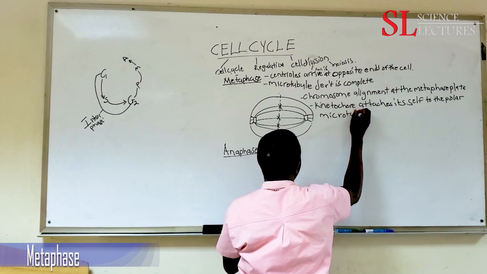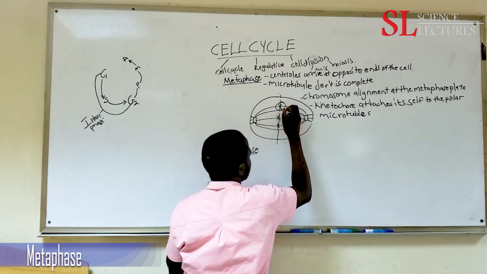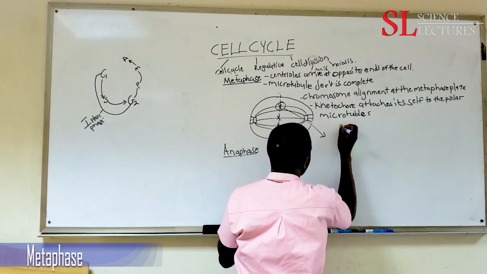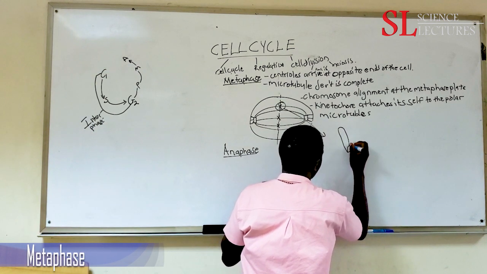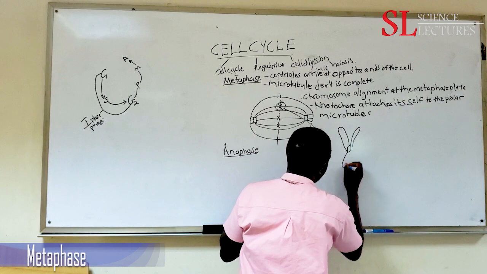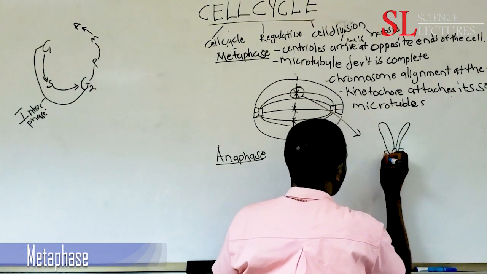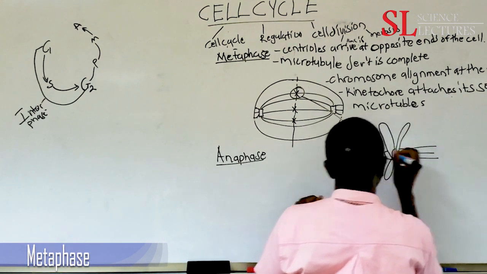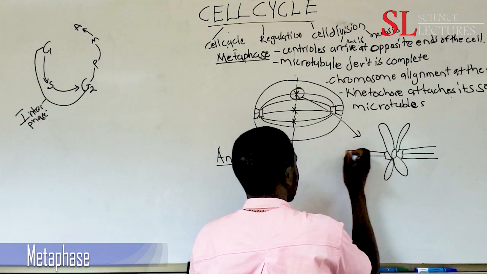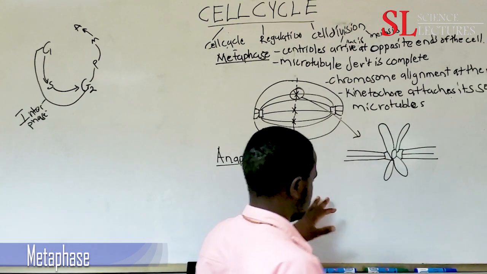So if I get one chromosome here and I zoom in, it would actually look like this. This is my centromere, these are my chromatids, and this is my kinetochore. Now the polar microtubules shall attach themselves here to the kinetochore protein.